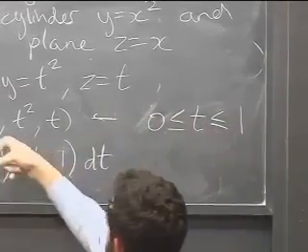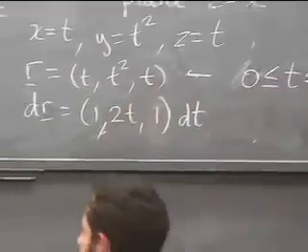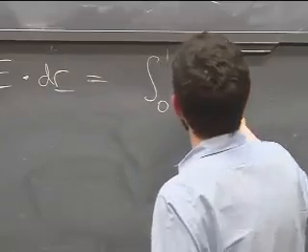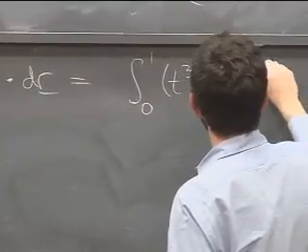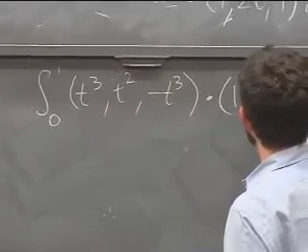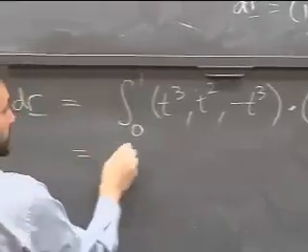When t is 0, you get 0, 0, 0, and when t is 1, you get 1, 1, 1, which is the final point. So t goes from 0 to 1. F is t cubed, t squared, minus t cubed, and that has to be dotted into the dr, which is 1, 2t, 1 dt.